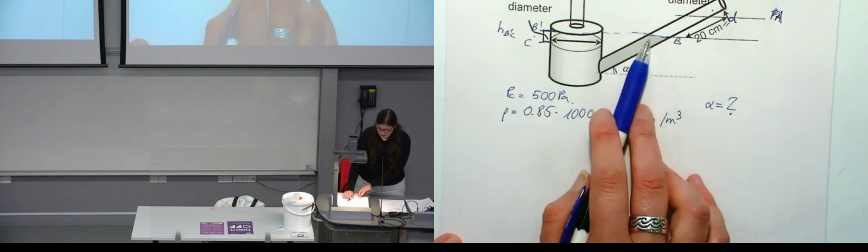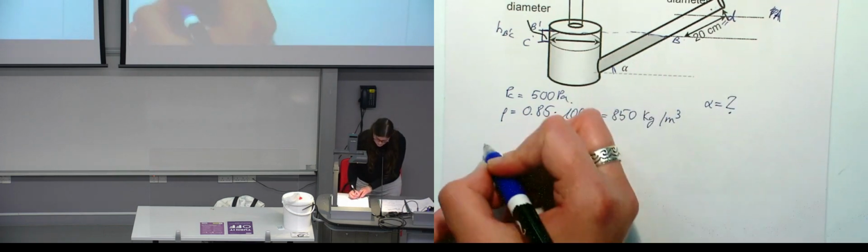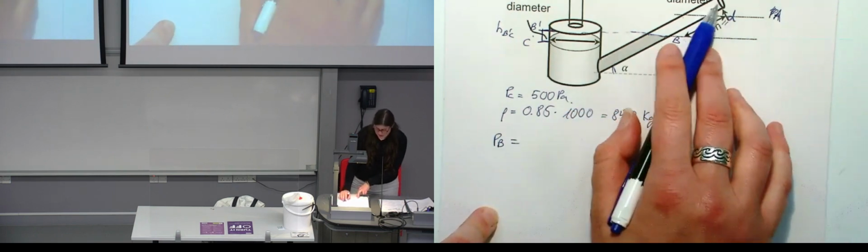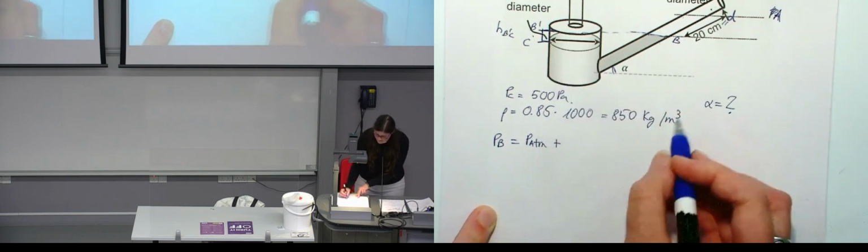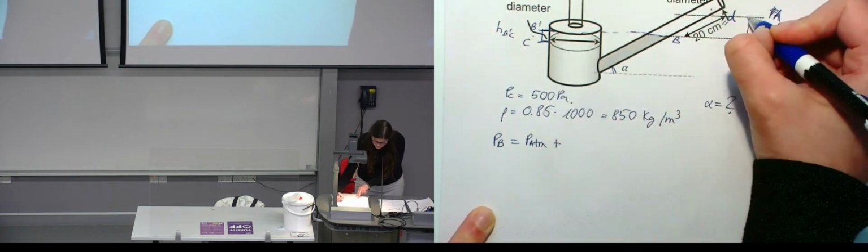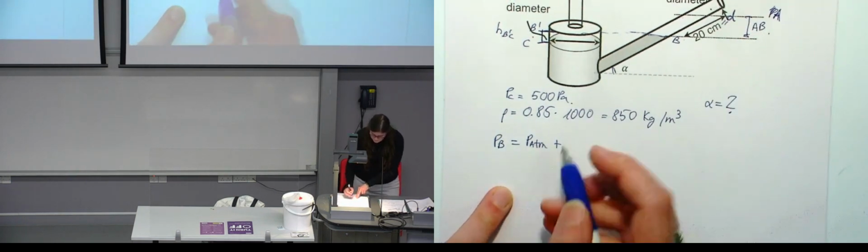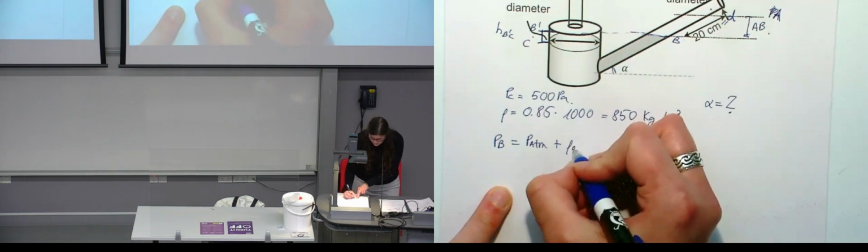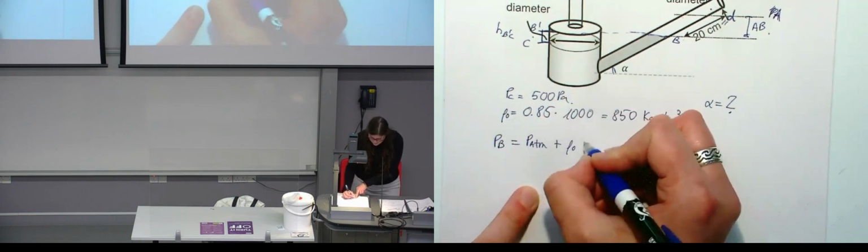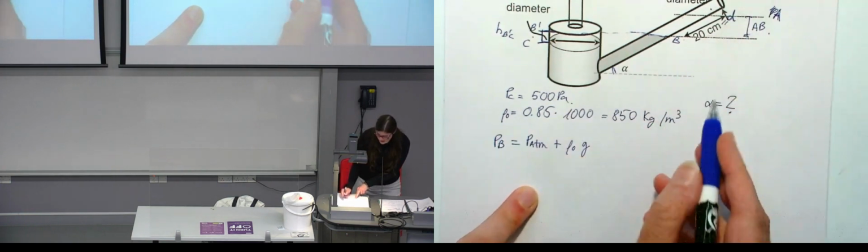So what is the pressure at B? The pressure at B is the pressure at A, which is just the atmospheric pressure, plus rho of oil, g multiplied by HAB.